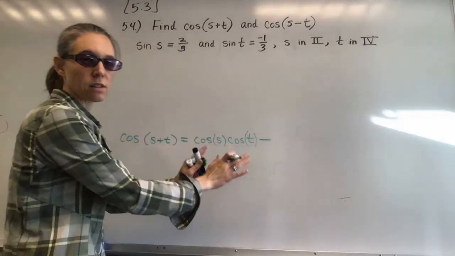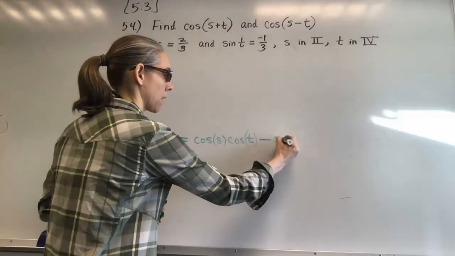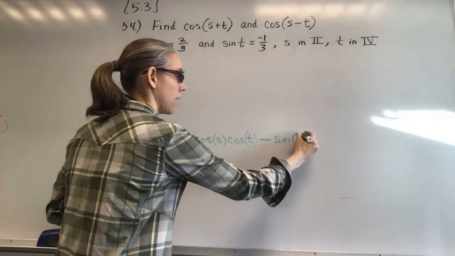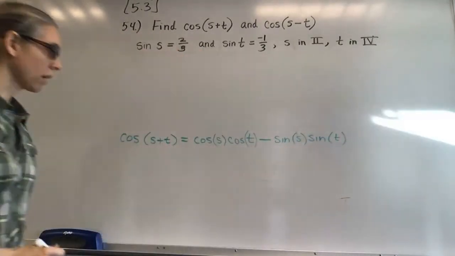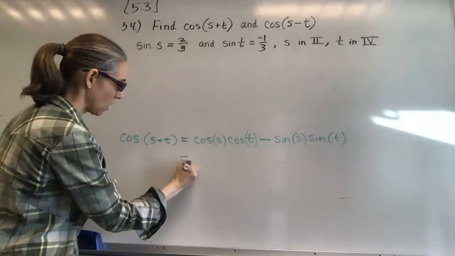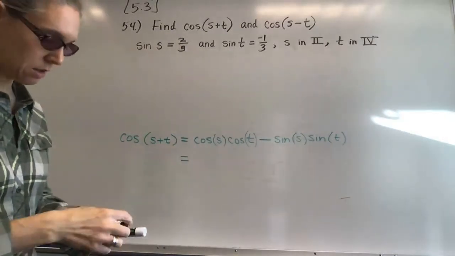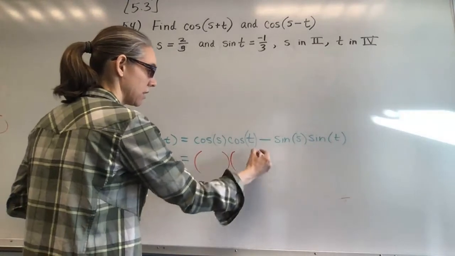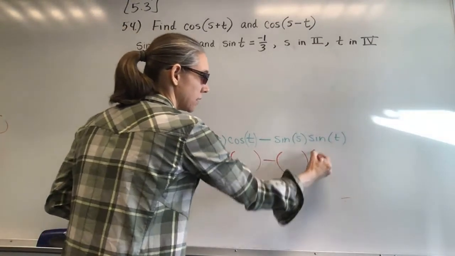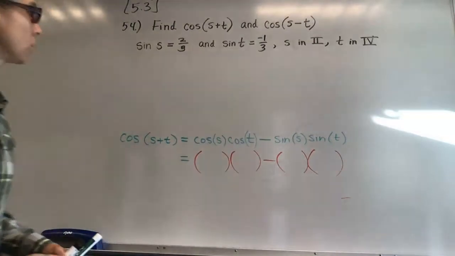Cos s cos t minus sine s sine t. Now I just need to replace cos s with its value, cos t with its value, sine s and sine t with those values.